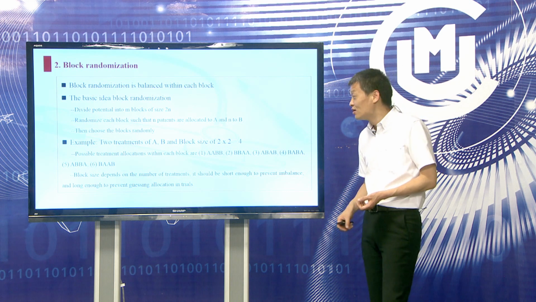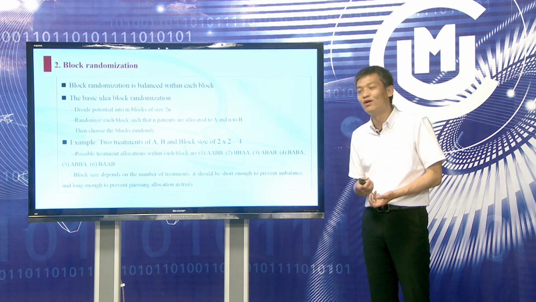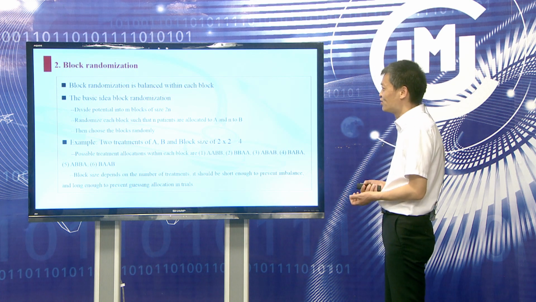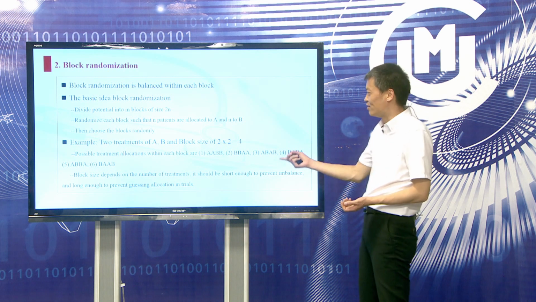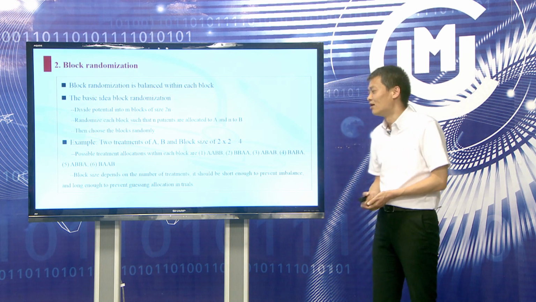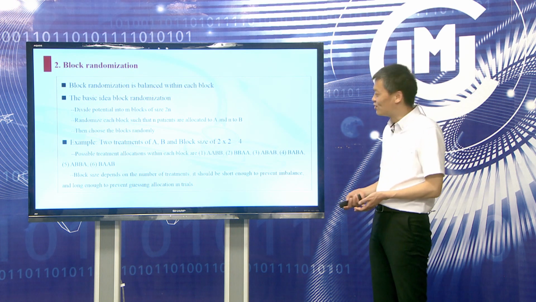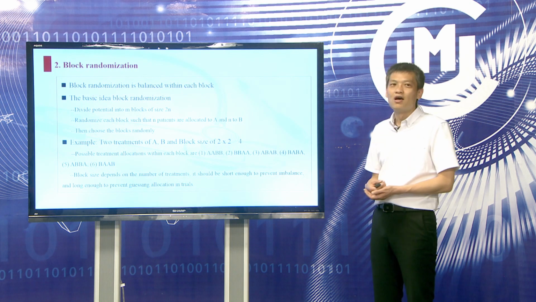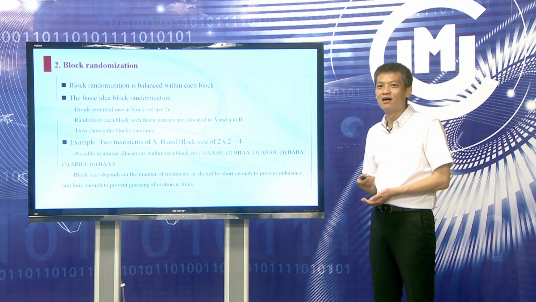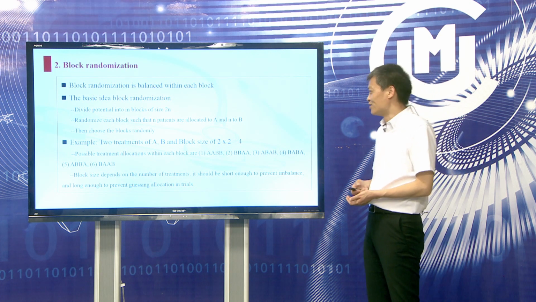For example, with two treatments A and B and a block size of 4, possible treatment allocations within each block are AABB, BBAA, or ABAB, and so on. The block size depends on the number of treatments. It should be short enough to prevent imbalance, and not so short that allocations can be guessed in trials.